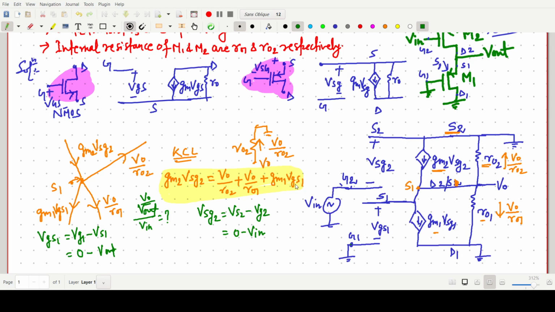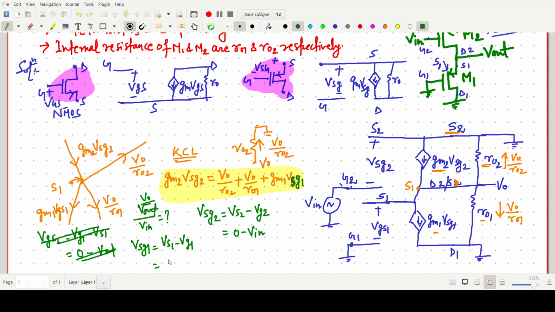There is a mistake, sorry. It should be S times of G1, VSG1. We were writing in NMOS, where it should be the GS term, but here in PMOS we have to write S first because we have to make it positive. So it should be VS1 minus VG1.